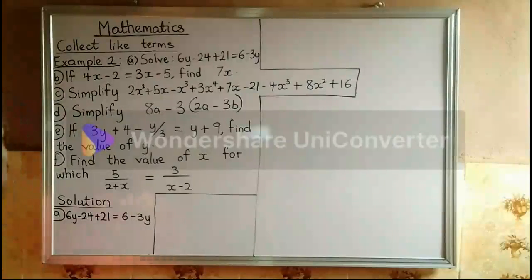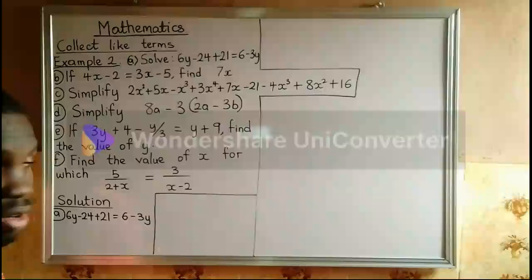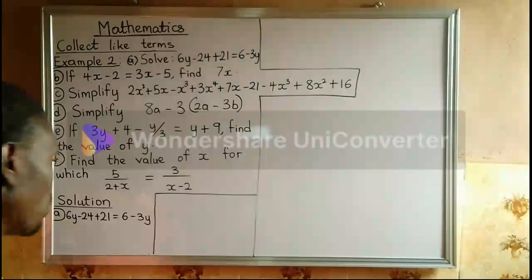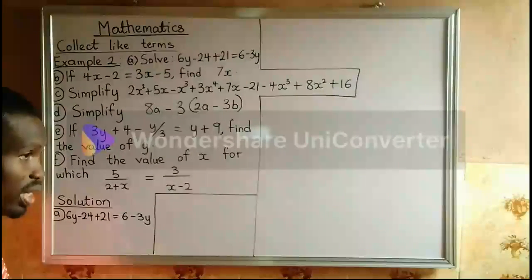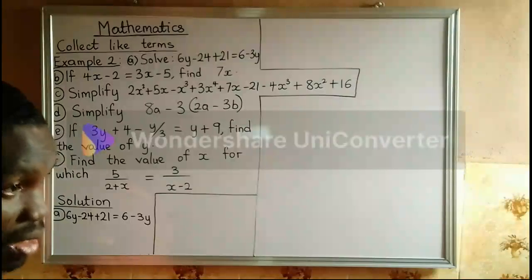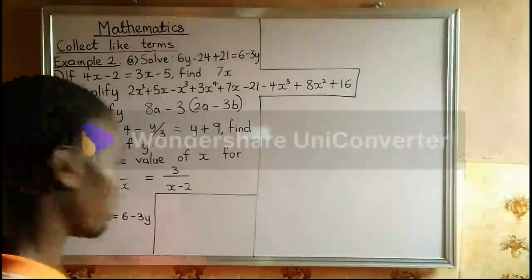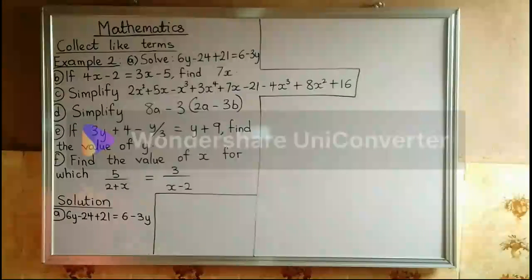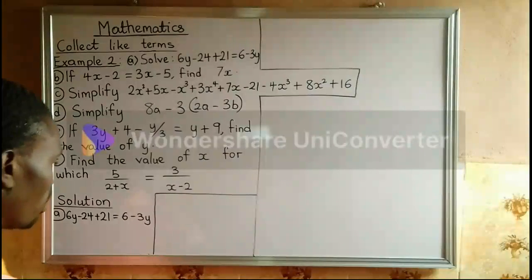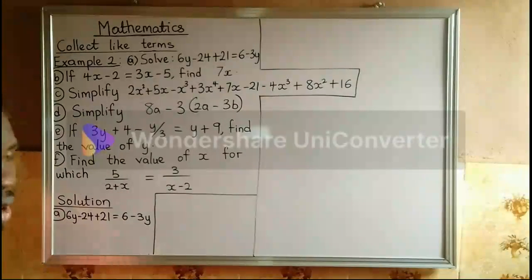What do I mean by collecting the like terms? As it is said, collect like terms. It shows that there must be some terms that look alike, so you bring them together and evaluate them. Then that leads you to the final answer.